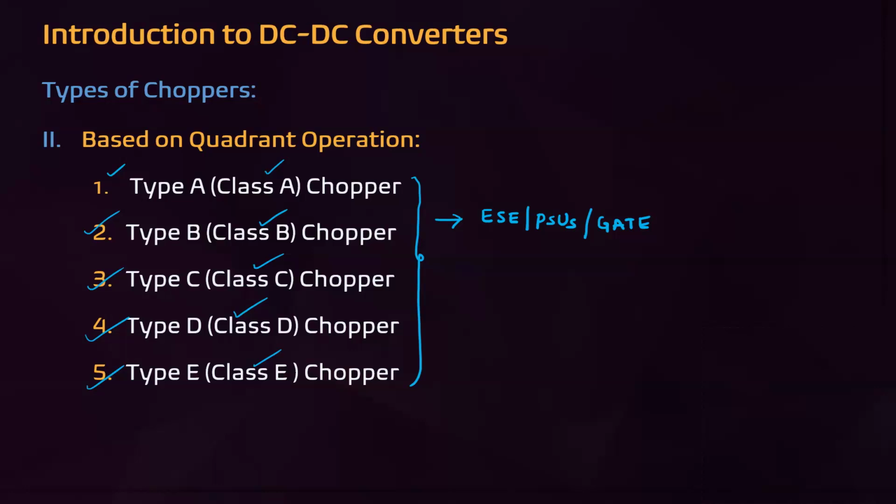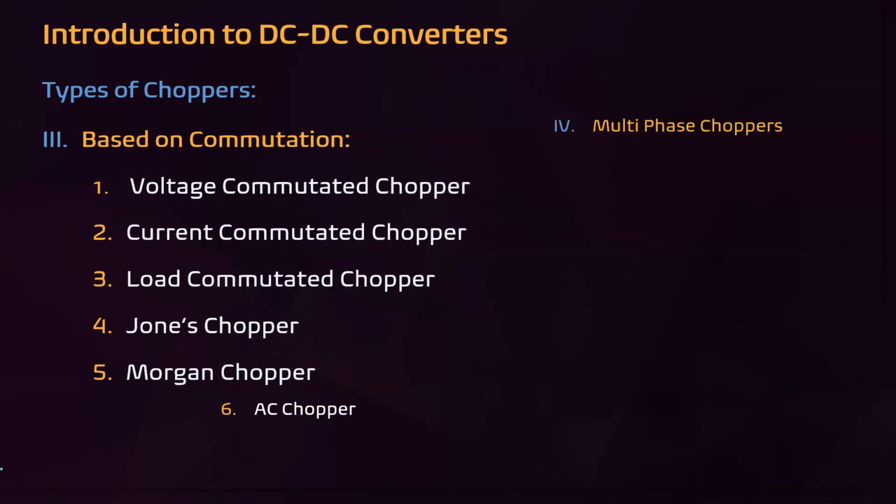Okay, this is the second classification. The third classification of choppers is based on the type of commutation we are using: voltage commutated chopper, current commutated chopper, load commutated chopper, Jones chopper, Morgan chopper, and AC chopper. Why the name is AC chopper, I will explain later.